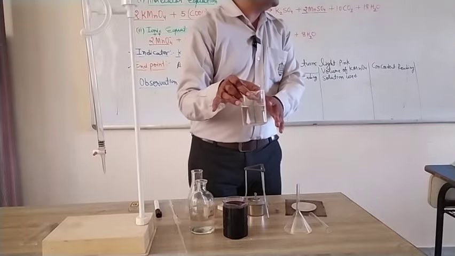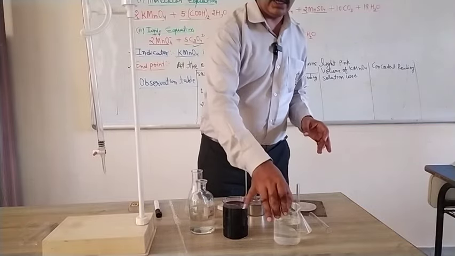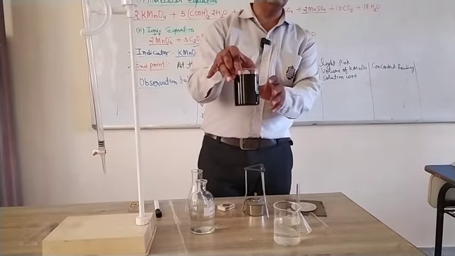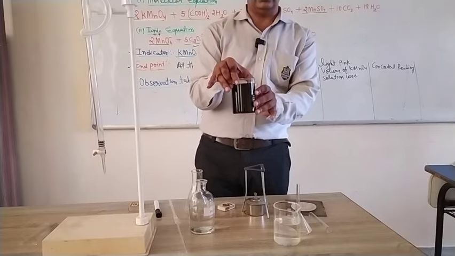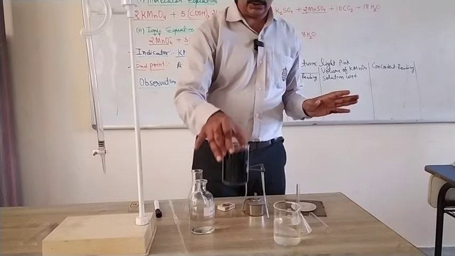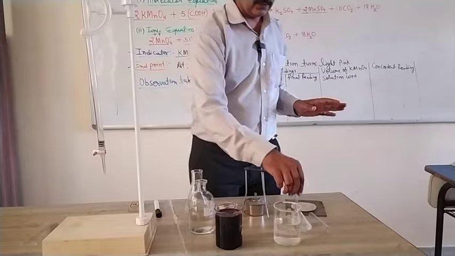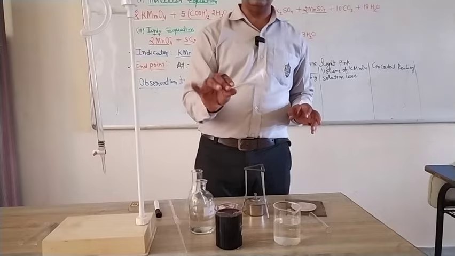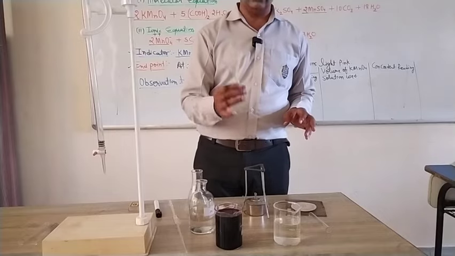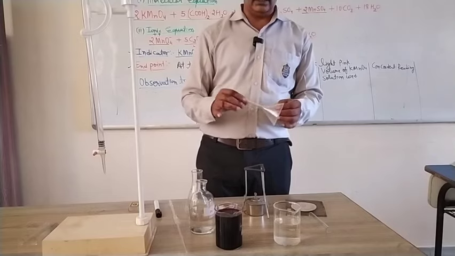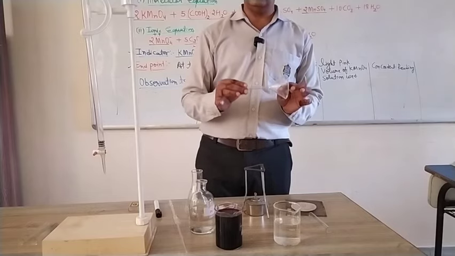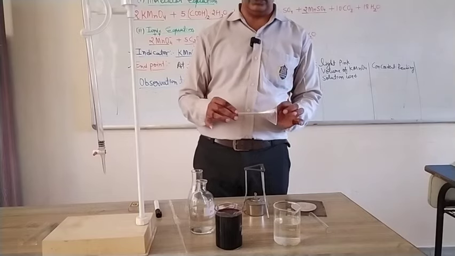Its concentration is M/40. And this is the KMnO4 solution whose concentration has to be determined. We don't know the concentration of this solution. We will try to find it out. And the next thing is this funnel, which we require to pour KMnO4 solution into the burette.